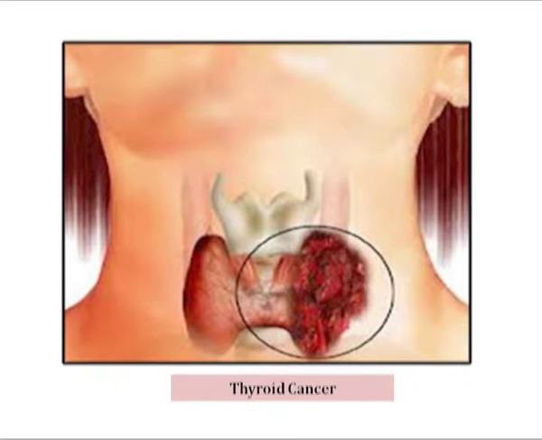There may be a lump in the neck, change of voice, and difficulty in breathing or swallowing. Whereas thyroiditis can be characterized by pain and tenderness in the thyroid area, neck and throat, difficulty in sleeping. It can also trigger hyper or hypothyroidism.